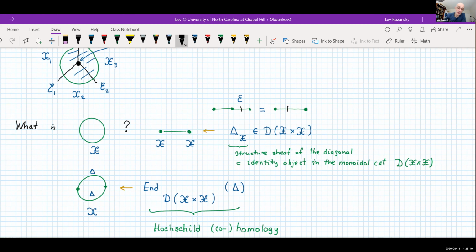So here we have x1, and here generally x2, and here just x1 and x2, same E.